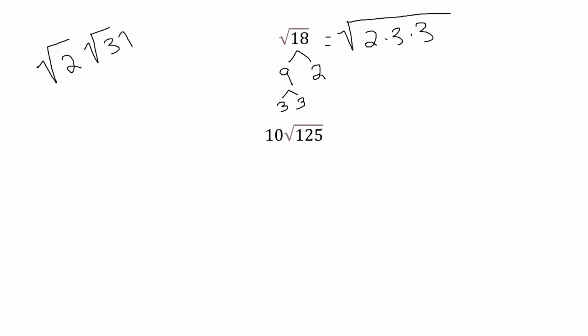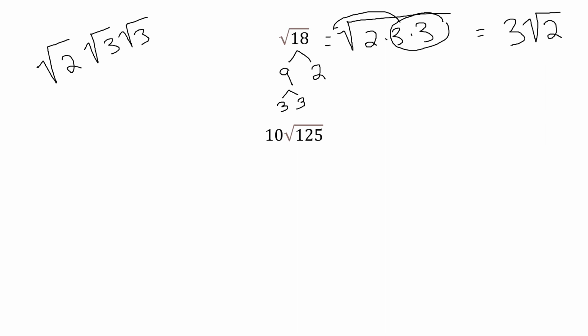I just don't like having to write that radical sign over and over, so I put it all under 1. And remember, a pair of radicals pulls out as 1. So this becomes 3, and the leftovers stay, square root of 2. Tree it, pair it, match it up, or pull it out.